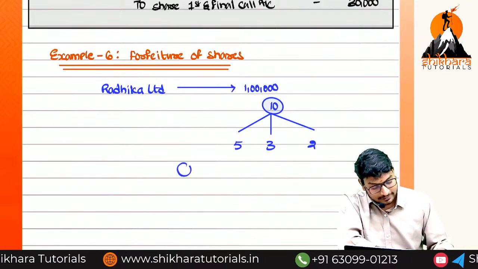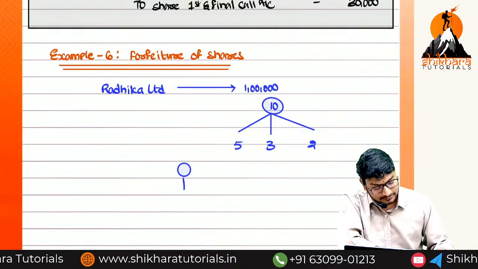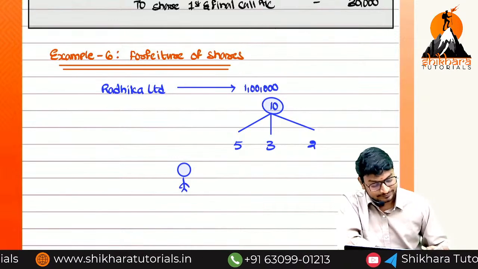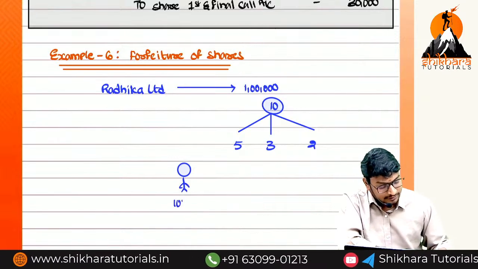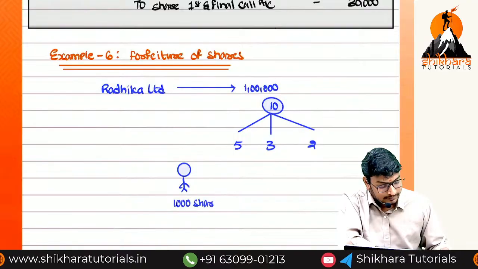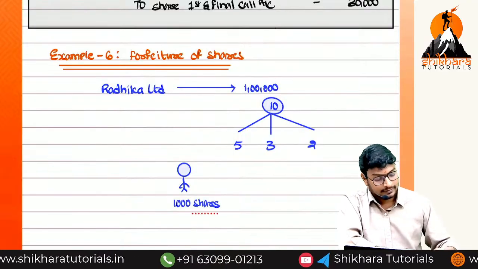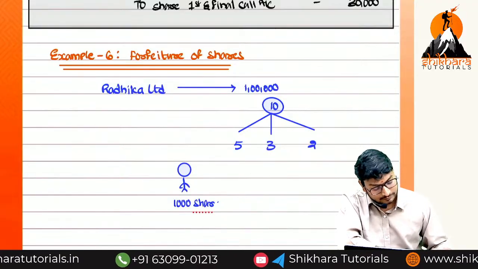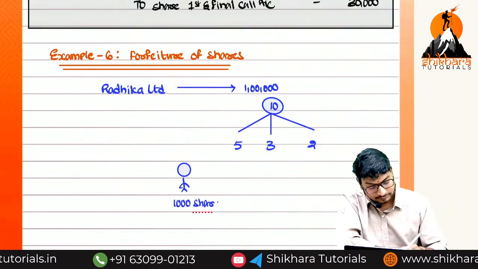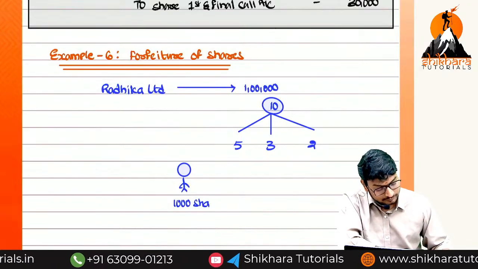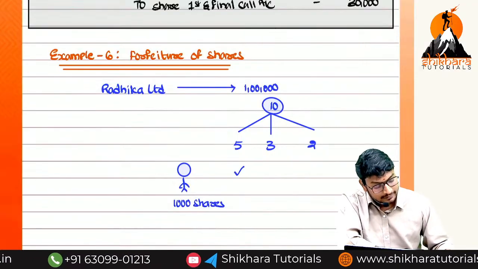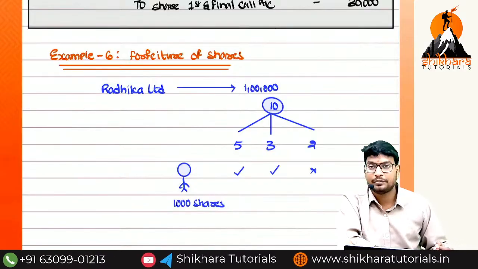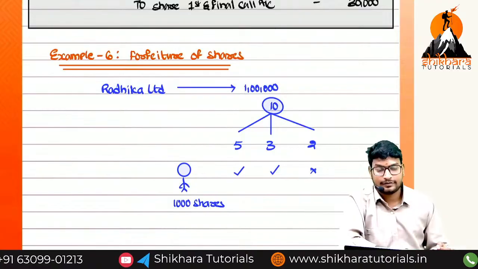Obviously we have to take one person. This fellow is holding 1000 shares. He has paid the application, paid the allotment also, but he is unable to pay the first and final call.